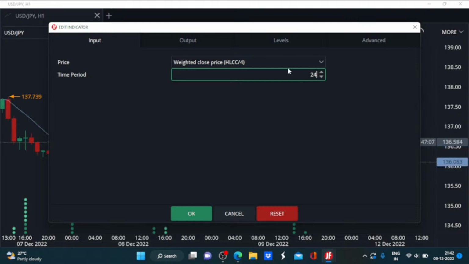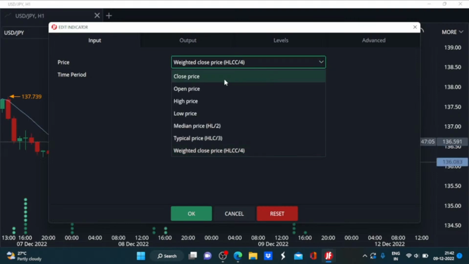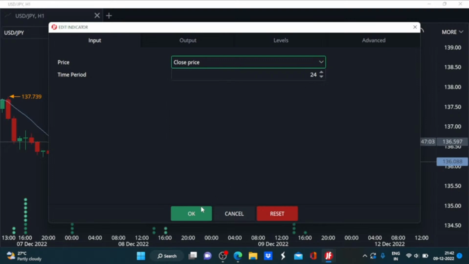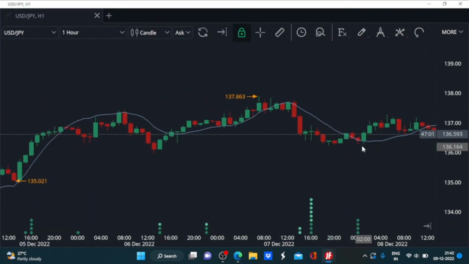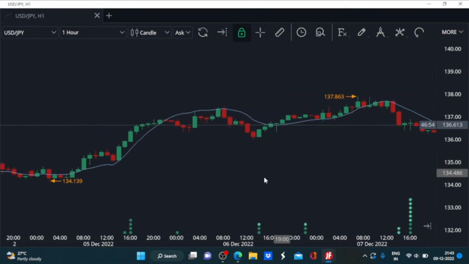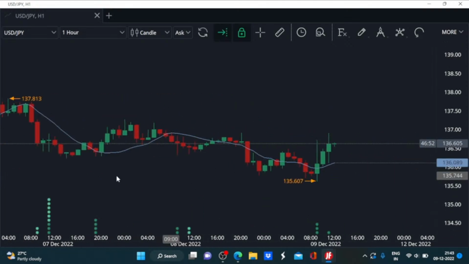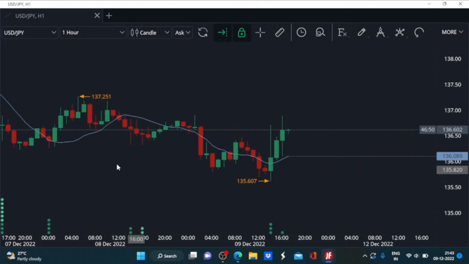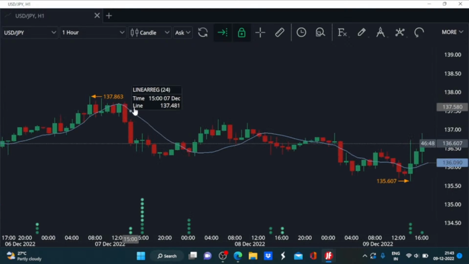Suppose for example we go for 24 and say close price as the applied price, you will see that depending on what kind of trajectory would have been formed if we had the linear regression calculated for 24 hours, those output values join to arrive at this indicator.